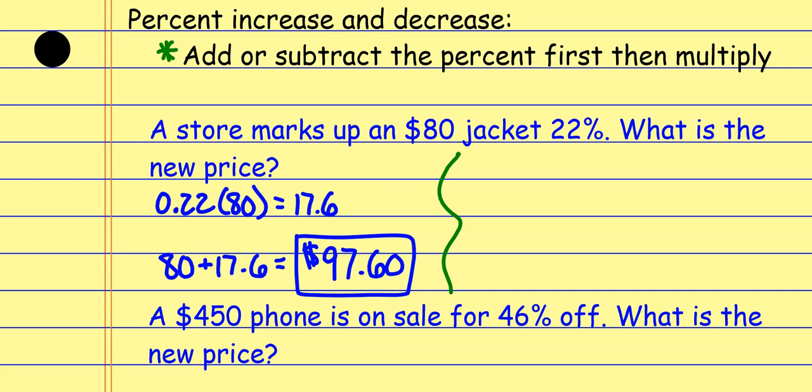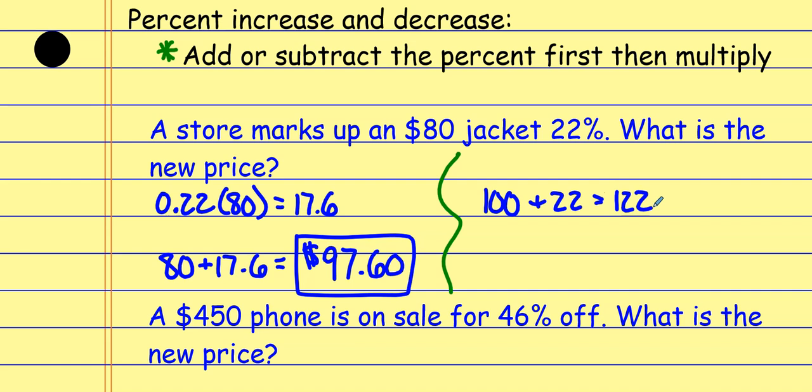And again, it goes back to that. If I think about percentages like fractions, 100% is one whole. It's 100 over 100. So the entire price of the jacket is 100%. It's one whole. That's all of the money for the jacket. And I want to increase that by 22%. So I'm going to add 22%, which is 122%.